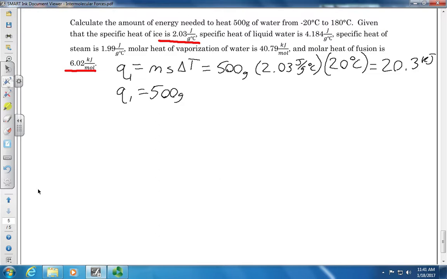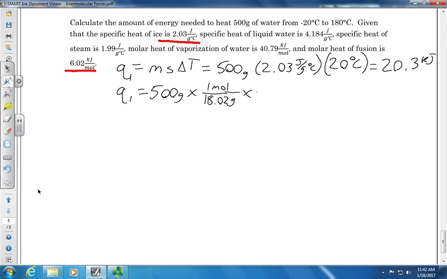Essentially the moles are not going to change. So we still have the same amount of water no matter what we do. So we're going to just convert that to moles. 1 mole of water is equal to 18.02 grams. That's H2O, 16 plus 2 times 1.008, roughly 18.02. And then we're going to multiply that by the molar heat of fusion to find out how much energy was actually expended to melt the ice.